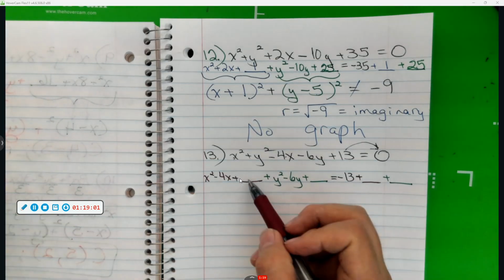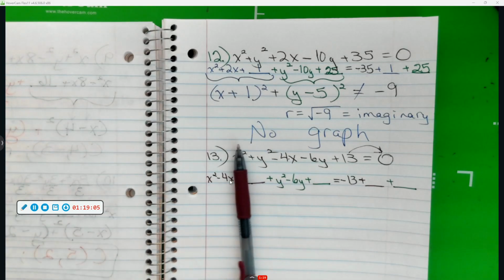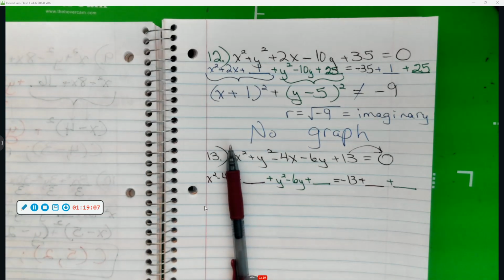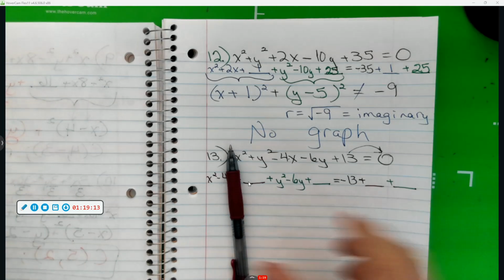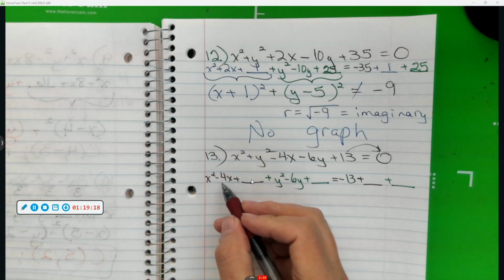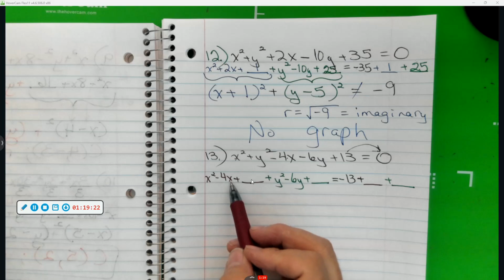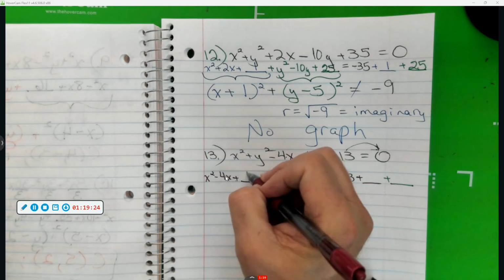Okay, what's going to go in this brown spot beside the x squared minus 4x? Plus half of x, squared: x squared minus 4x plus 4, okay?